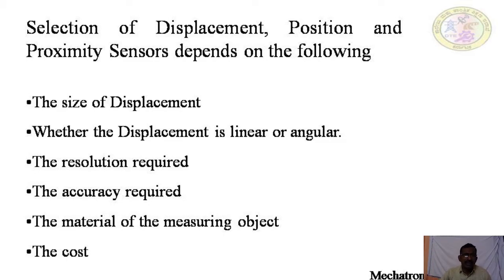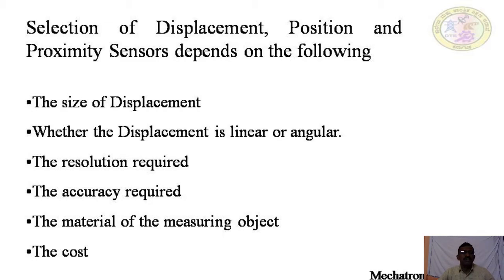Either it may be in terms of millimeters or meters, depending. So the size of displacement is the basis on which we can select these sensors, and whether the displacement is linear or angular. The displacement can be measured either in a linear or in an angular way.